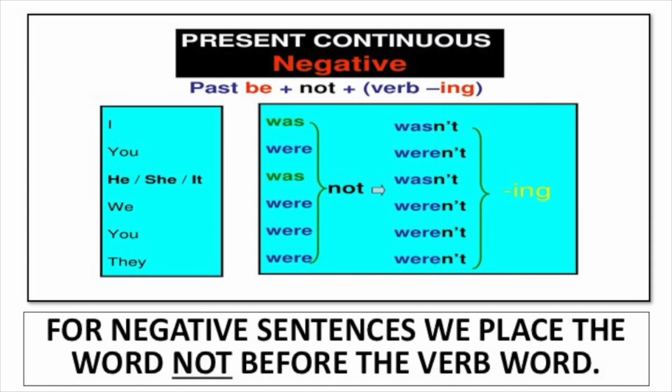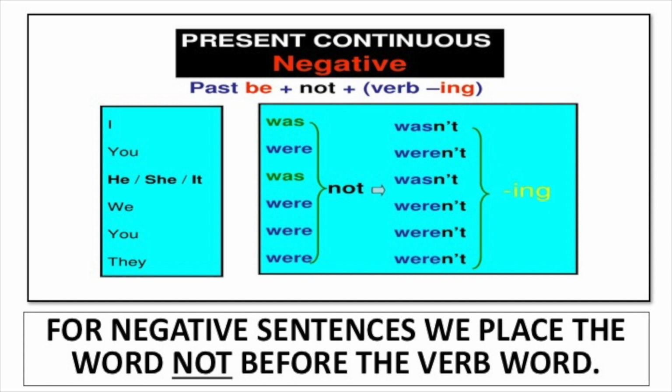For negative sentences, we place the word not before the verb word. So see, guys, all we need to do is add one extra word. By adding the word not to the sentence, we change it from affirmative to negative. You see, we can say, I was not.